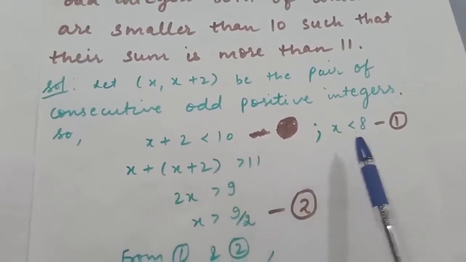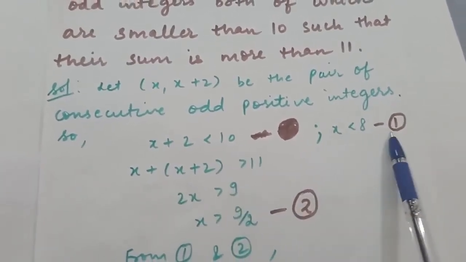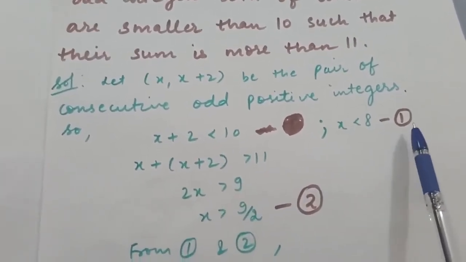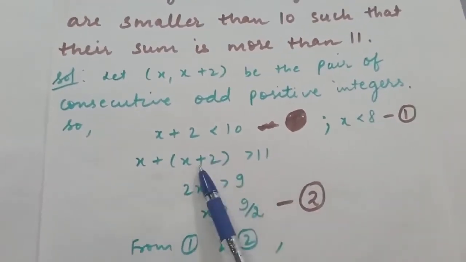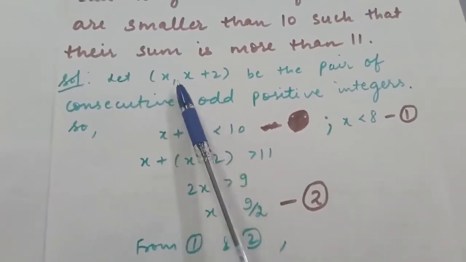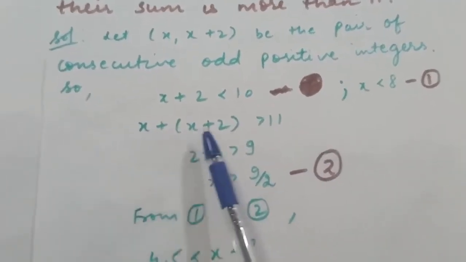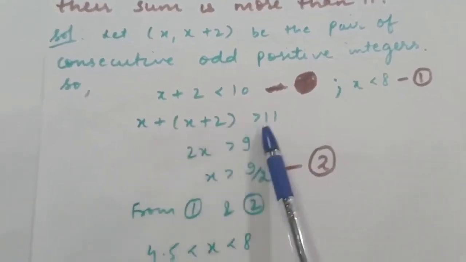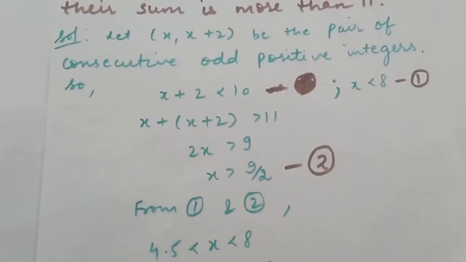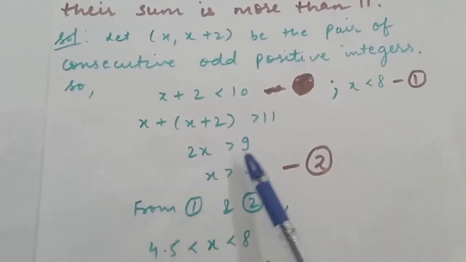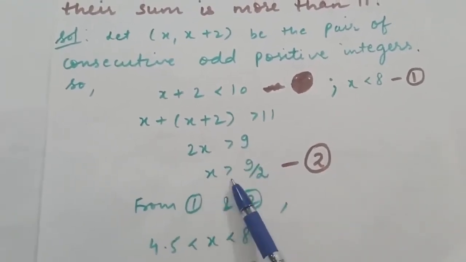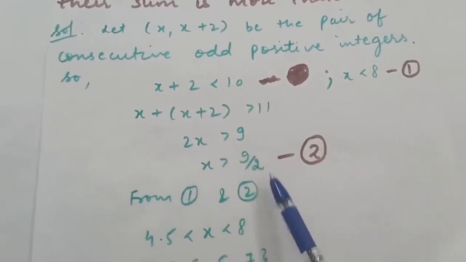So x is less than 8. Let this inequality be 1. Second, the sum of both of these is more than 11. So taking the sum of both numbers, which is greater than 11, you will get 2x greater than 9, and x greater than 9 by 2.